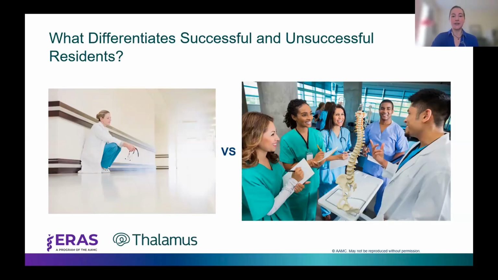They add time and stress to you and others in your program and can damage morale. But we can learn from those poor performers and use that to create or improve our selection process. Considering what those bad hires or struggling residents are missing, or what those star residents have that others don't across that full range of possible competencies, can help you identify critical competencies.